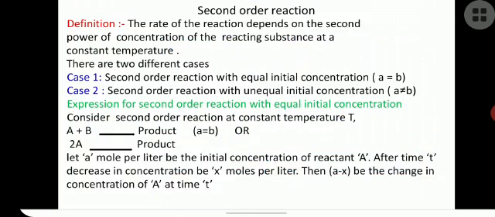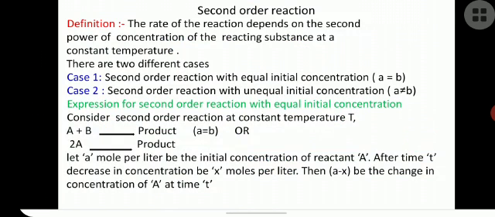The rate of the reaction depends on second power of concentration of the reacting substance at constant temperature. There are two different cases. First one, the second order reaction with equal initial concentration.